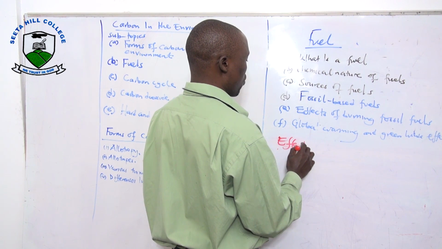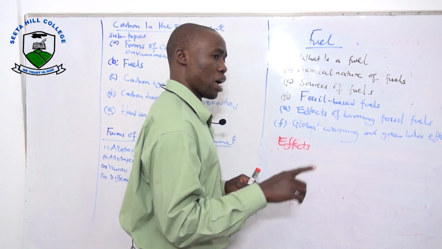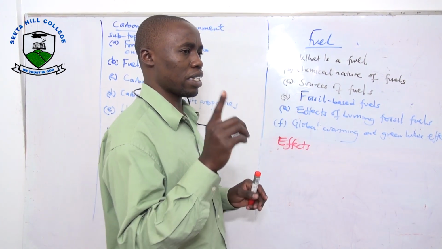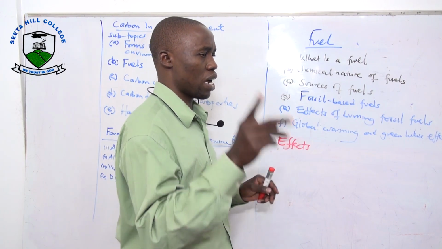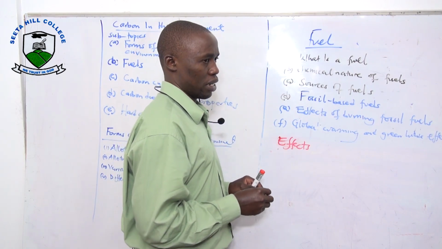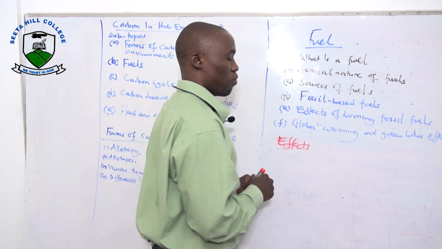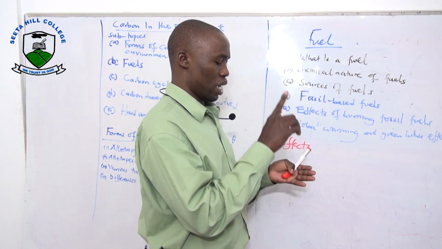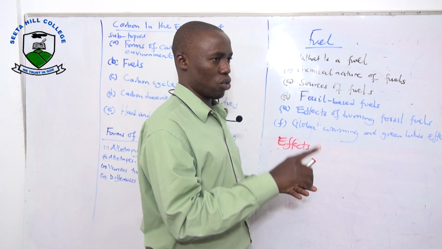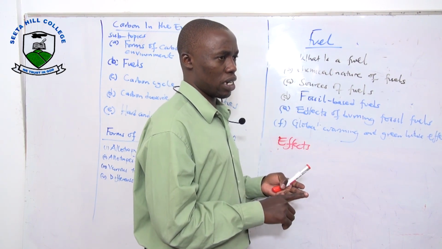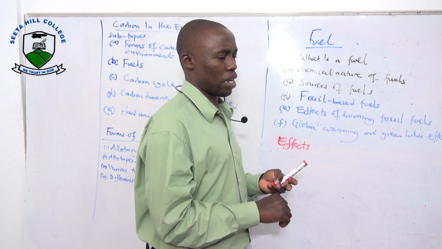We have said a fossil fuel has carbon and other elements like sulfur and hydrogen. That means when you burn a fossil fuel, you are going to get carbon dioxide, you will also get carbon monoxide, you also get water vapor.